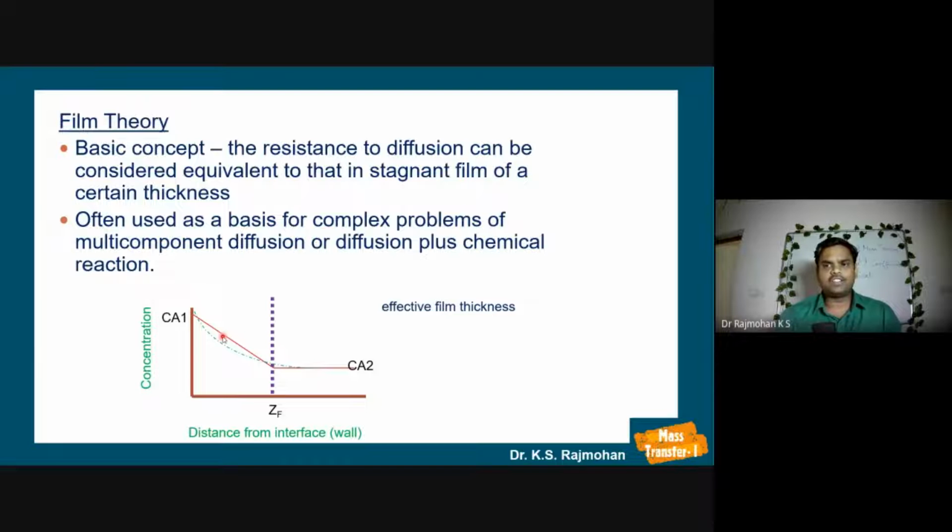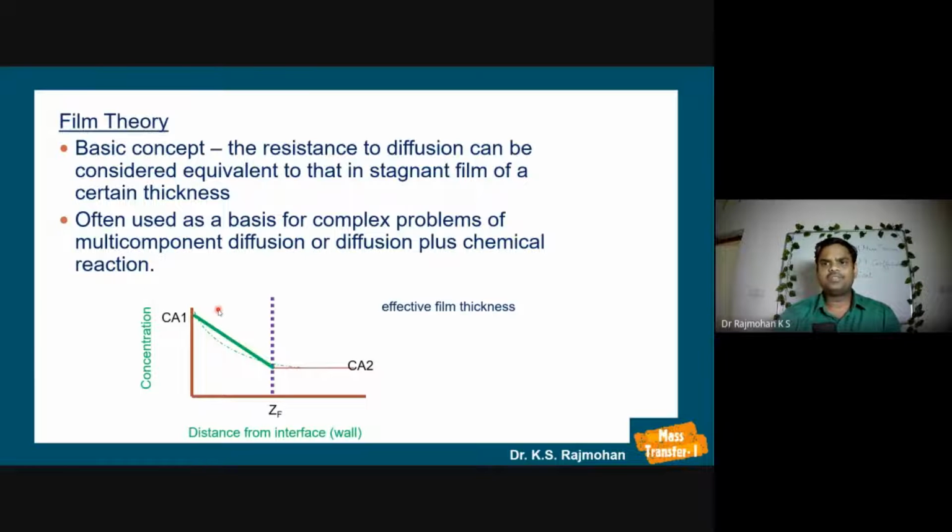Within this film laminar flow exists, and concepts of molecular diffusion are applicable. The resistance is the inverse of the mass transfer coefficient, and that coefficient is a function of molecular diffusivity. How it changes based on different theories, we are going to discuss in detail.